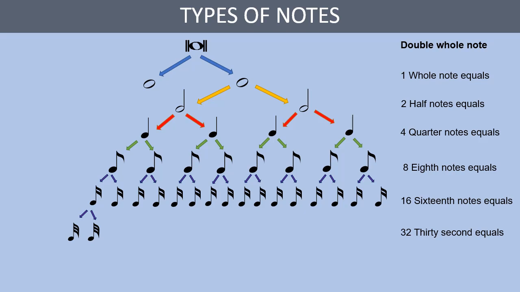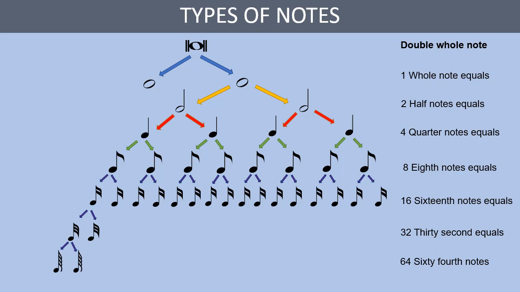In the same way, when we split the demi-semi-quaver, we are going to have the hemi-demi-semi-quaver. Now you can see that the flags of these notes from the quaver to the hemi-demi-semi-quaver just keep increasing.